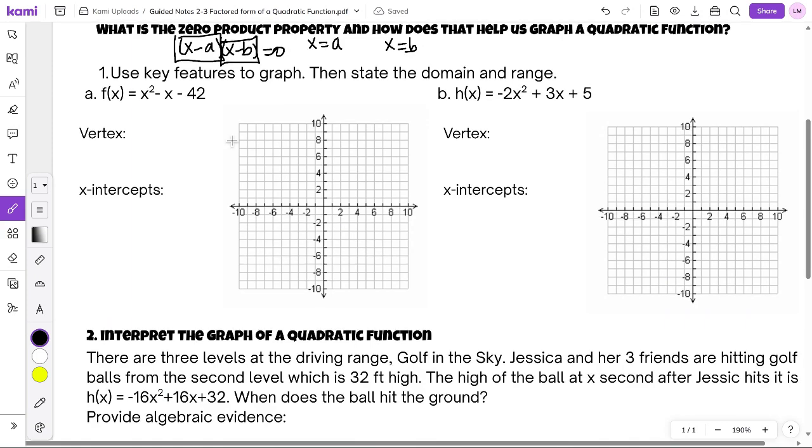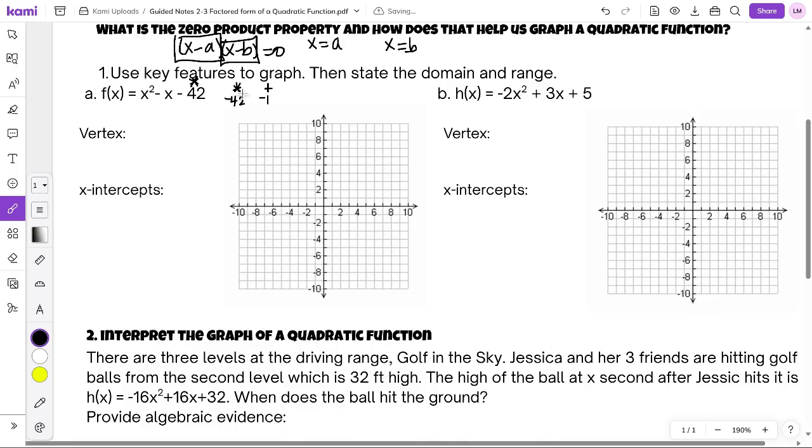So first, let's factor this first quadratic. So I see that a is 1, so I can just look for numbers that multiply to be negative 42 and add to be negative 1.